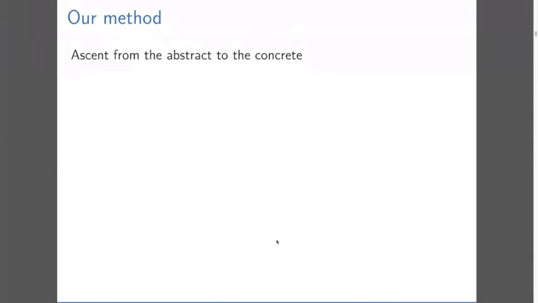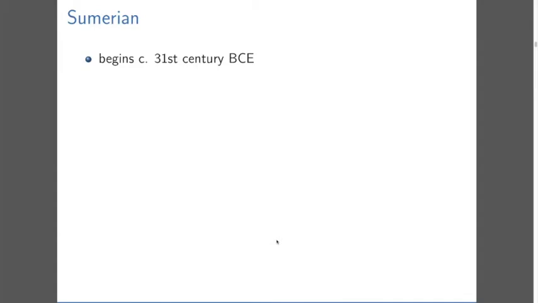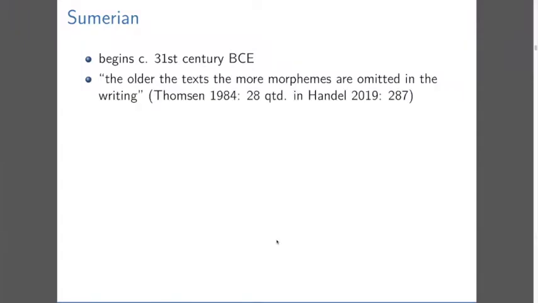The role of Sumerian is to provide me with some of the necessary abstractions and then apply these to Chinese. So I should emphasize that I really know nothing at all about Sumerian, zero, which I see as a decided advantage. So Sumerian begins in the 31st century BCE, very long time ago.